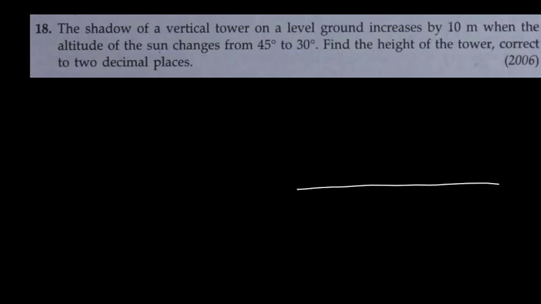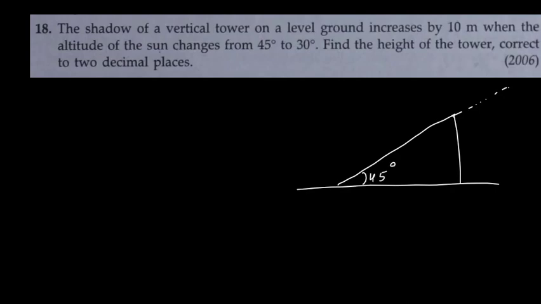So suppose this is a vertical tower and initially sun was at some altitude, and because of that there was a shadow. In this line from somewhere here sun is, and we are getting some angle of 45 degree.